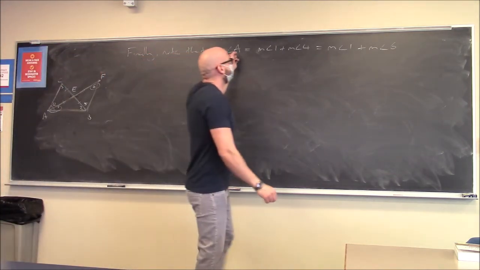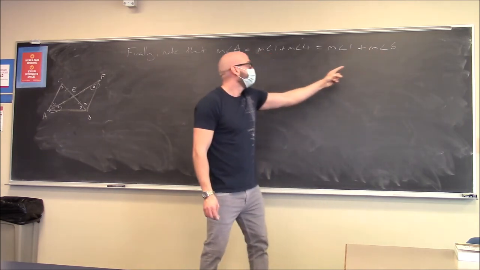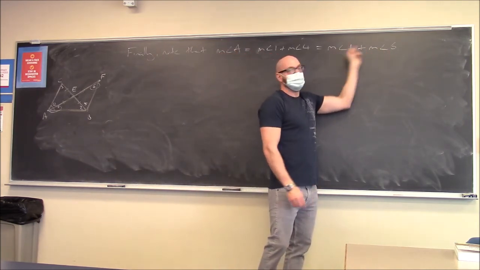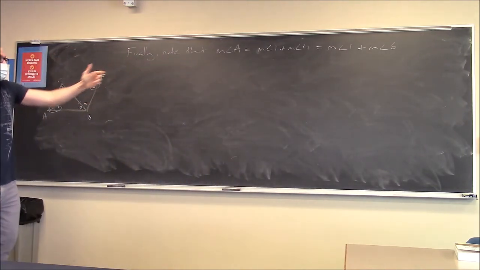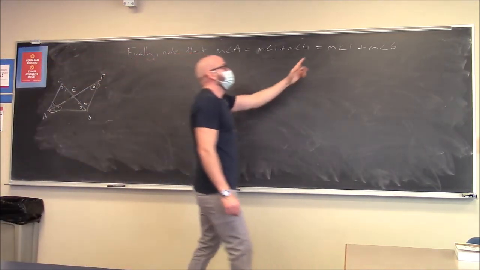What does it mean if a number is equal to the sum of two other numbers? It means one of these has to be at least half as big, right? Or they could both be exactly half, but otherwise one is at least half as big.